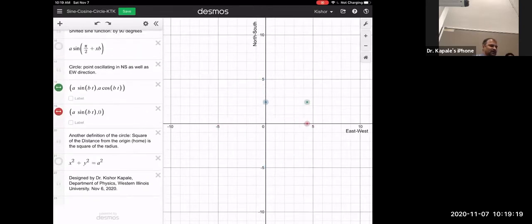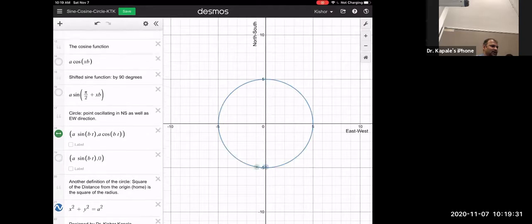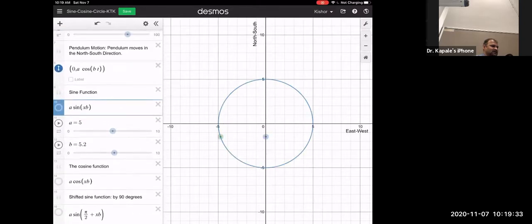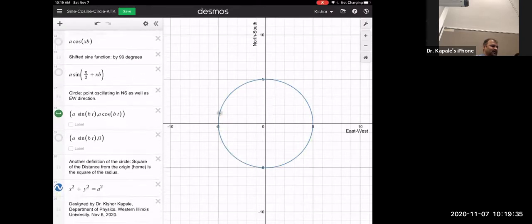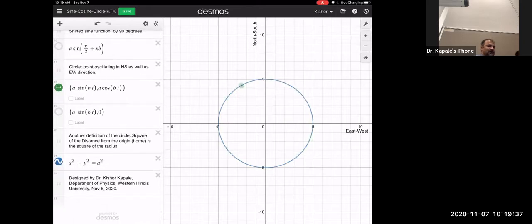And then I want to give you one other mathematical form here. You don't, again, need to remember that, but it just tells me another way to represent a circle. So I said earlier that we are the oscillating point in two perpendicular directions, east, west, north, south, goes around a circle. I need to prove that to you, so I need to draw a circle.